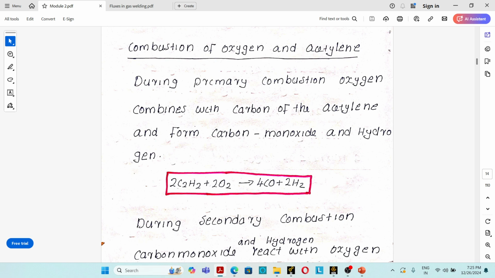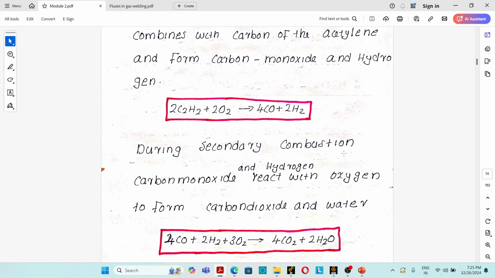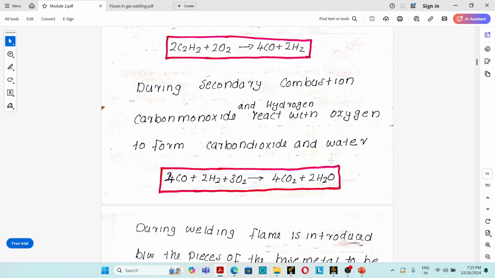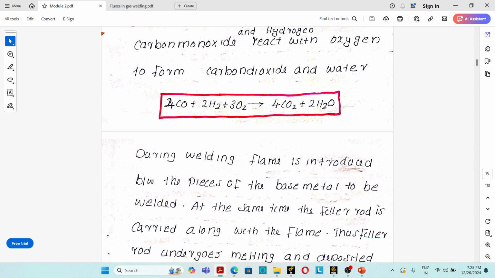So during primary combustion, carbon monoxide and hydrogen are formed. Then during secondary combustion, carbon monoxide and hydrogen react with oxygen to form carbon dioxide, water and heat. That heat is used for melting the base metal to be joined.